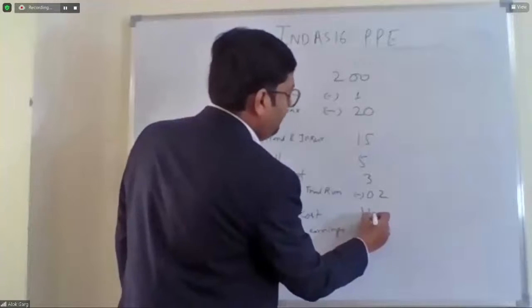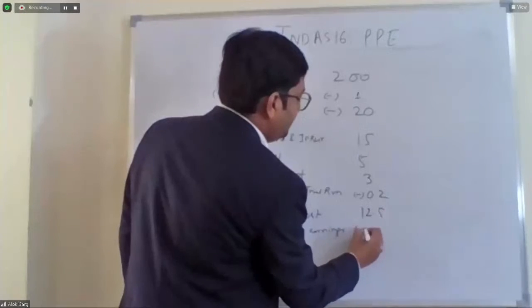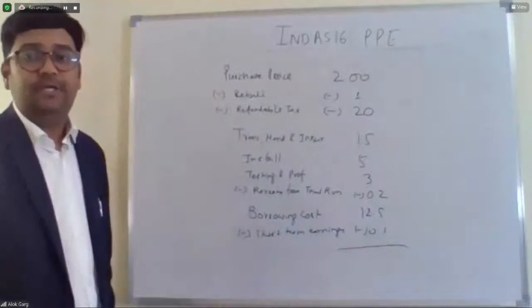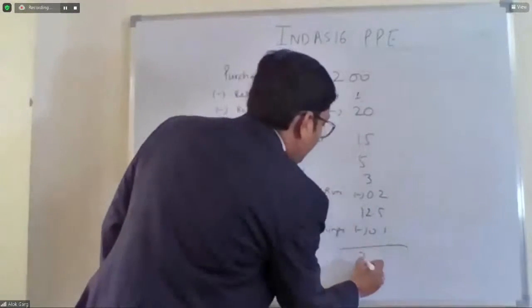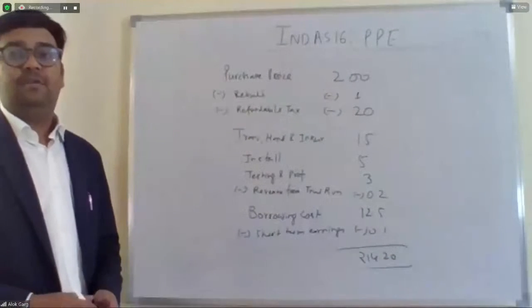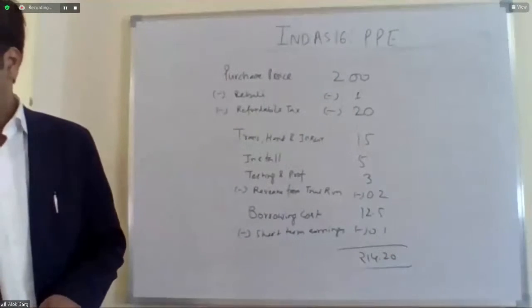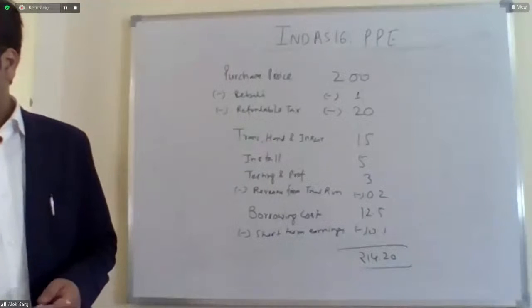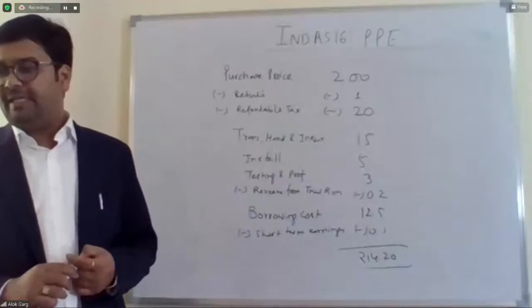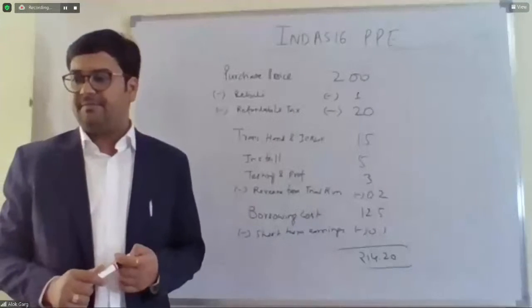Borrowing cost is 12.5. Minus 0.1 is income. This total is 214.2 crores. So this is the entire solution of this case study. Yes, Ambika, you're right. Kaustav, you're right.